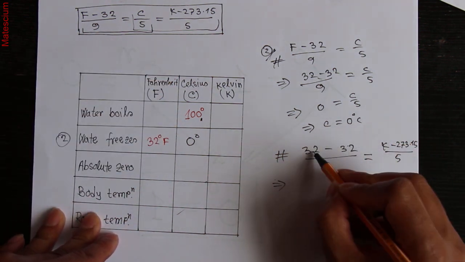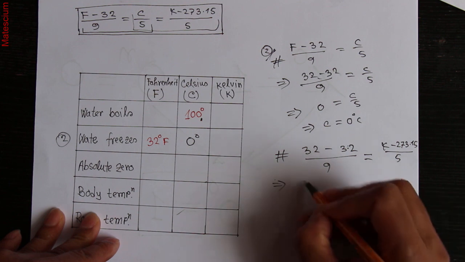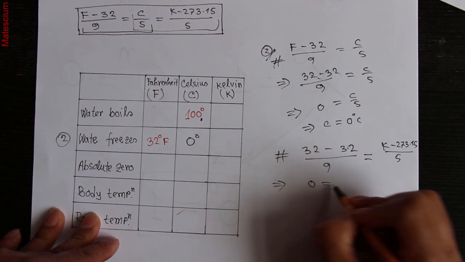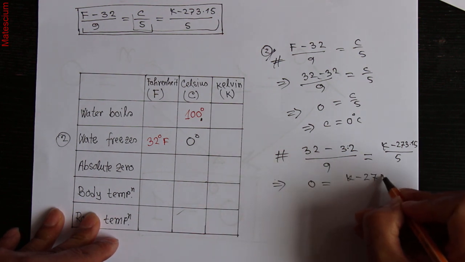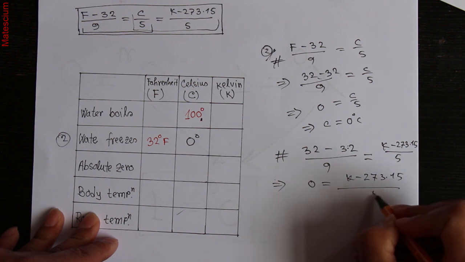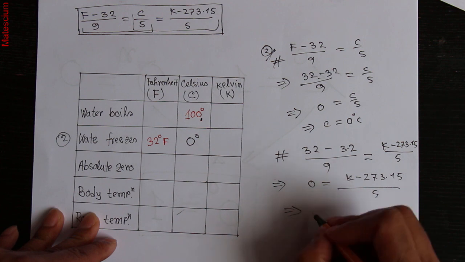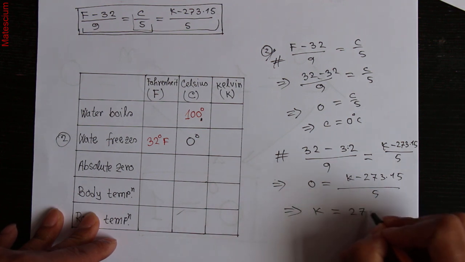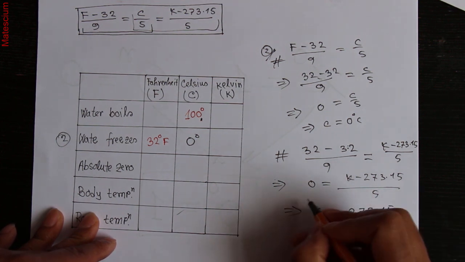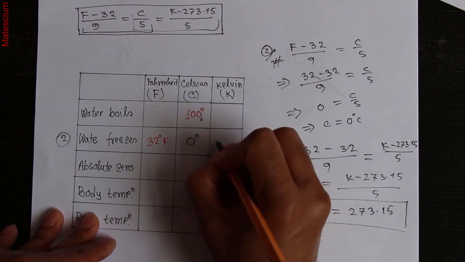And this part is 0. 32 minus 32 is 0, over 9 is 0. 0 equals (K minus 273.15) over 5. If you calculate this part, 5 times 0 is 0, and then K equals 273.15. That means this is the answer.